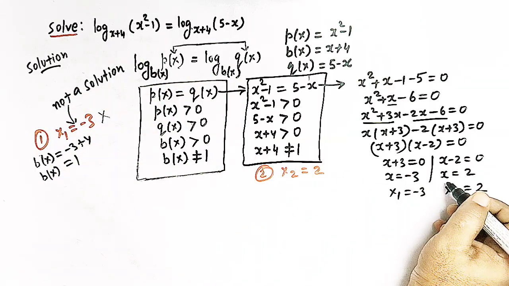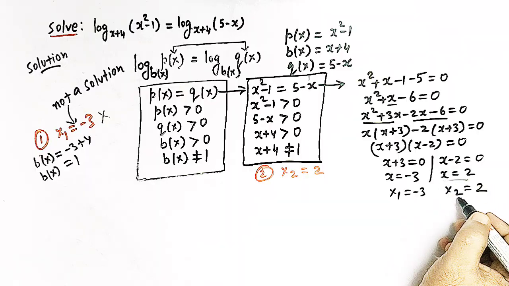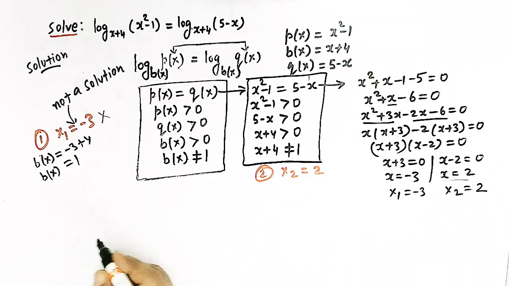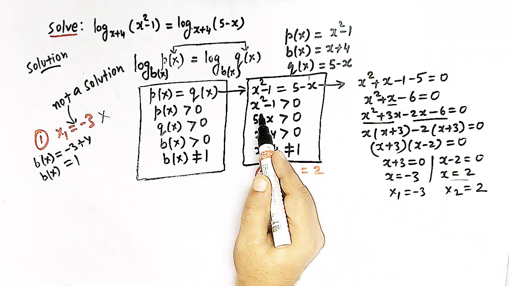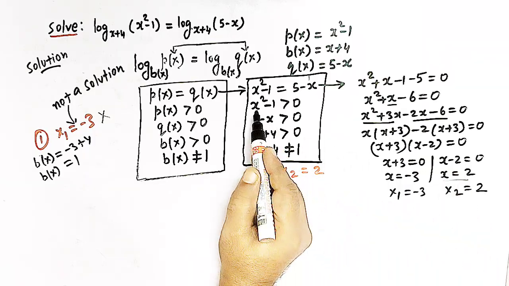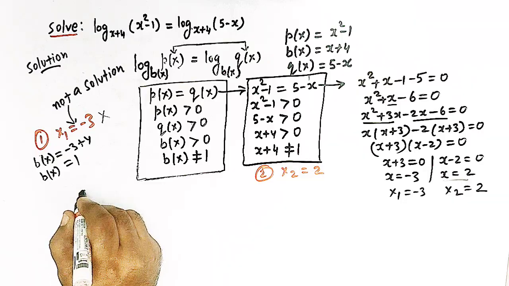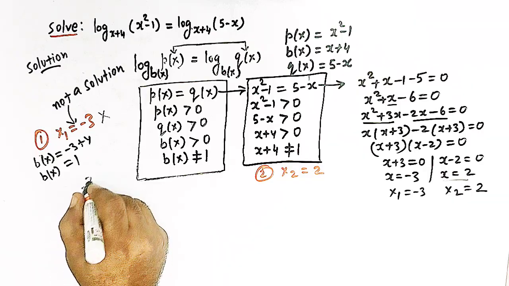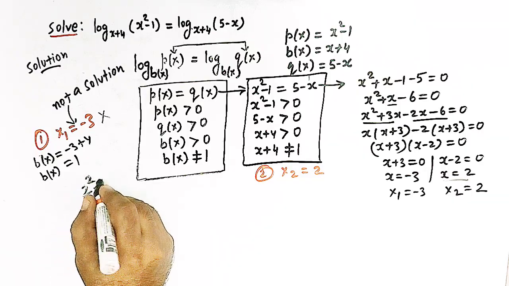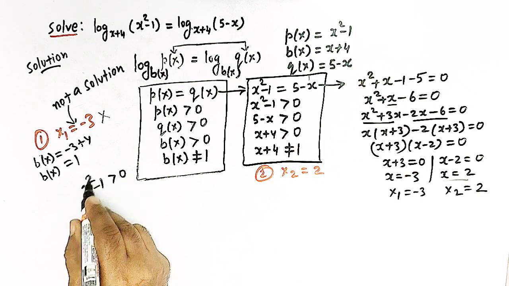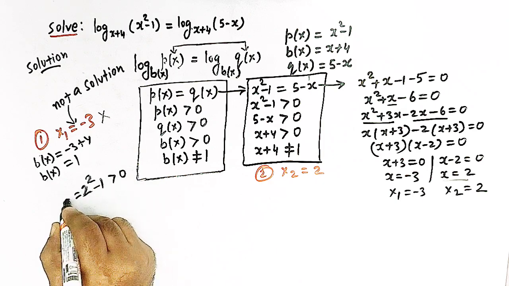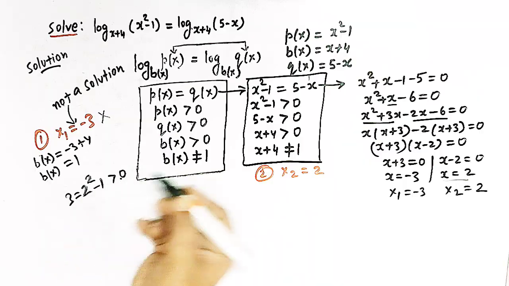So now consider the second value, that is x2 is equal to 2 or x is equal to 2. Now let us take x is equal to 2 in these conditions. So in the first condition we have here 2 squared minus 1 is greater than 0, and 2 squared is 4, 4 minus 1 is 3, and obviously 3 is greater than 0.